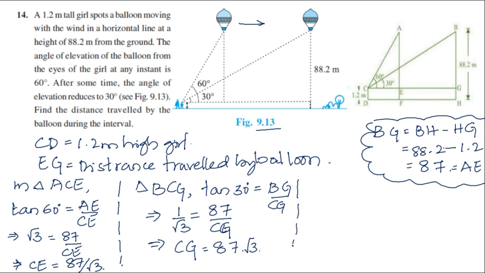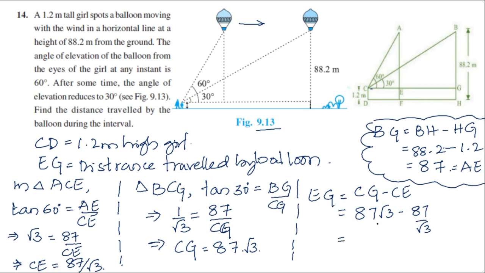We have got the length of CG and CE. We can find the length of EG. EG will be equal to CG minus CE. CG is 87 root 3 minus CE is 87 divided by root 3.